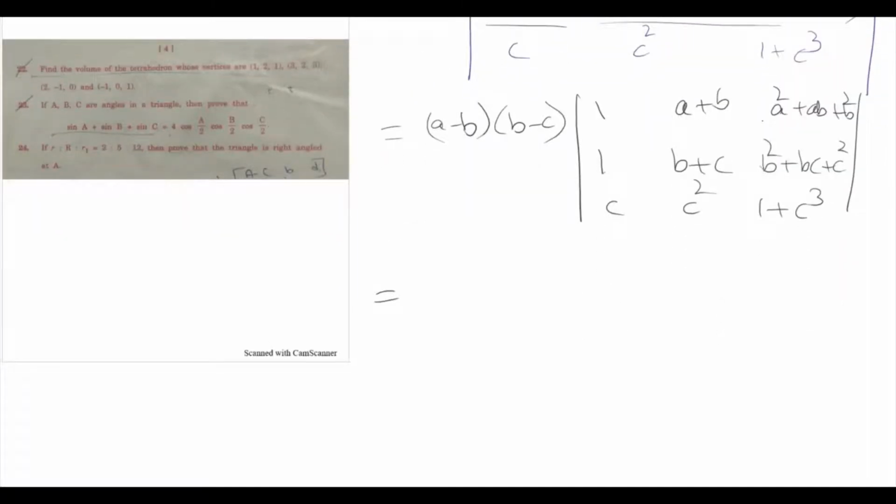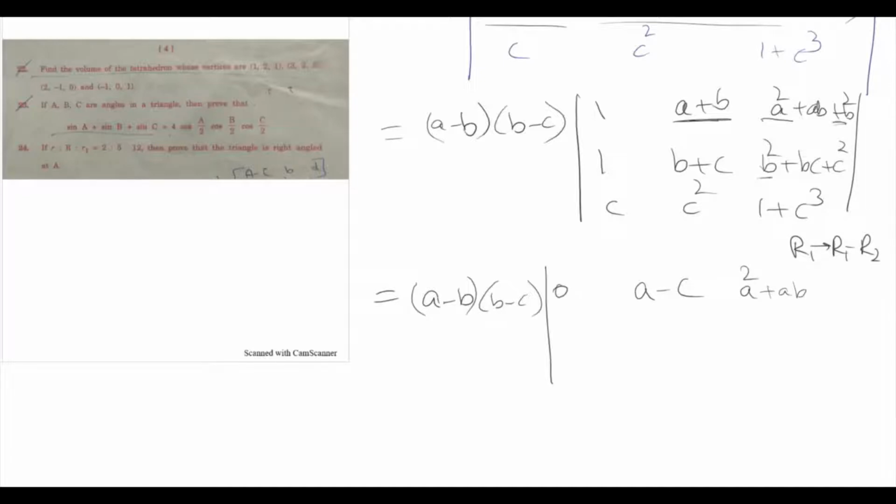Again applying the row operations, R1 implies R1 minus R2, I get A minus B into B minus C into the determinant of: 1 minus 1 is 0, and here A plus B minus B plus C, which is A minus C, and here I get A square minus B square, this is A square, and plus B square minus B square gets cancelled, so ultimately I get A square plus AB minus BC minus C square.